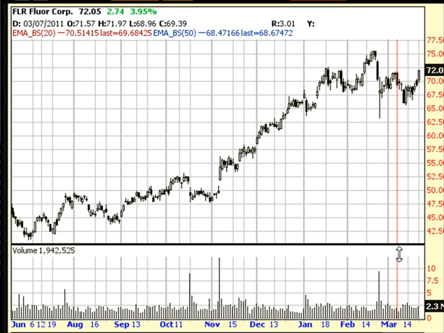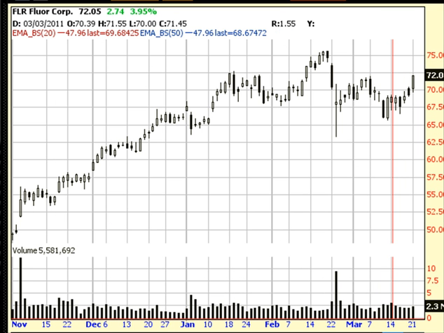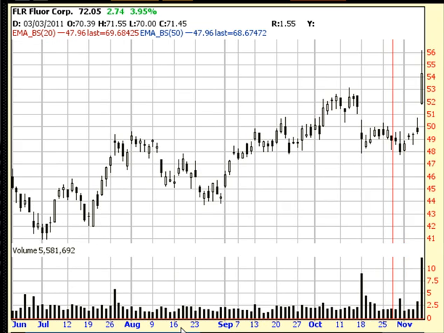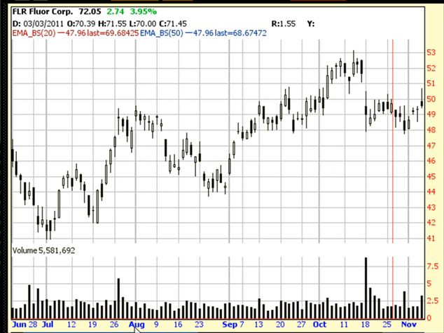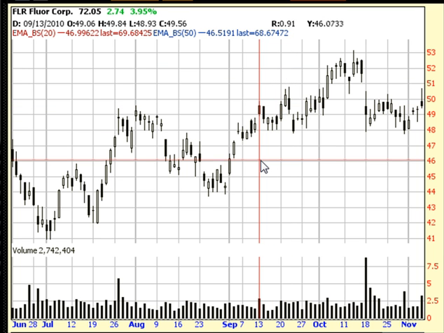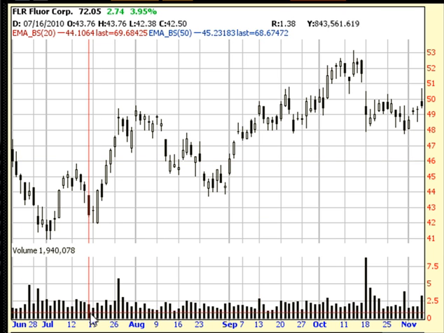Alright, I got rid of some studies and we're actually going to go in. This is just a chart of FLR, Flower Corp. We are looking at past data, but there's nothing wrong with that, especially when we backtest our strategies.